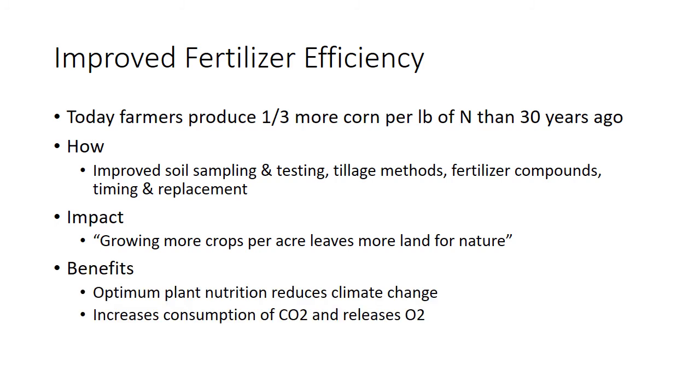And the benefit is that we can kind of optimize plant nutrition, and as a result, we have less of an impact on climate change because there's less land going into production. There's hopefully less greenhouse gases being produced in the process because we're confined to a smaller area. And also, if it's done right, we can increase consumption of CO2 and hopefully release oxygen.